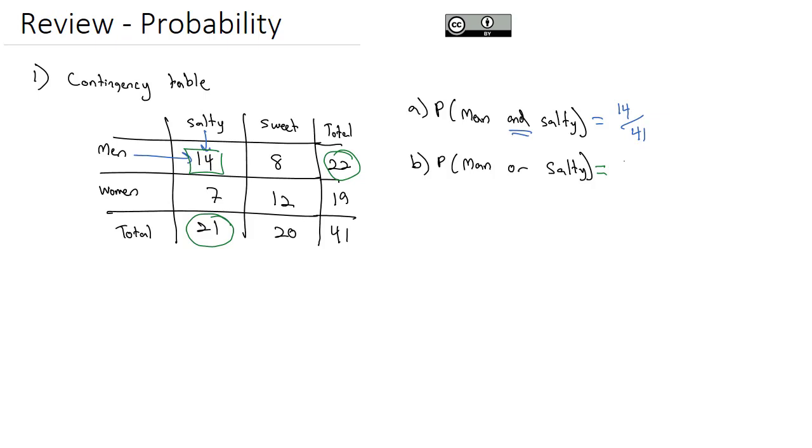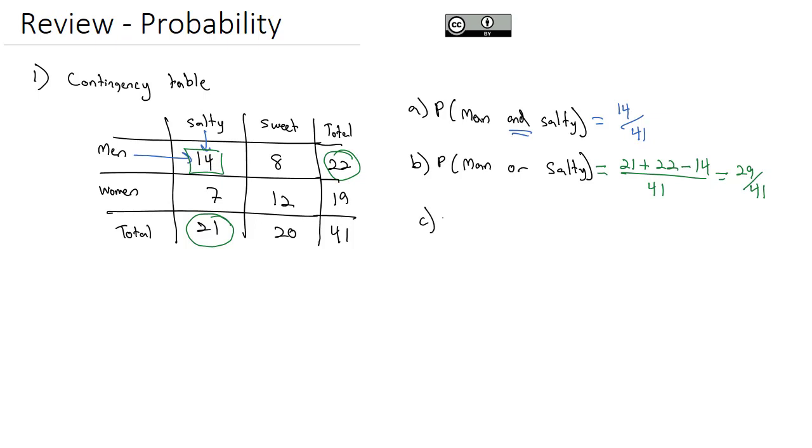So we've got 21 salty fans plus 22 men, and we subtract off 14 who got double counted and put that over 41. Put that in the calculator to find out. We've got 29 out of 41 is the probability a random person is either a man or prefers a salty snack.